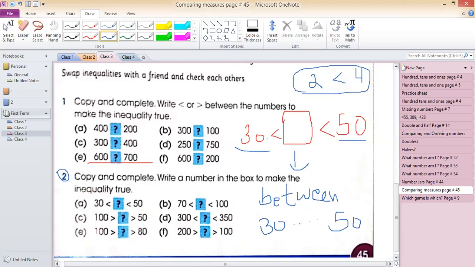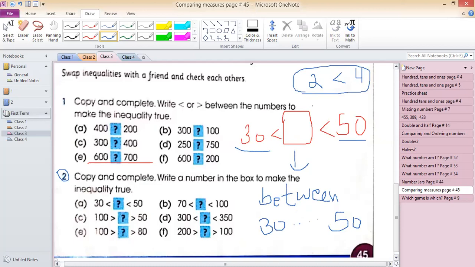Because the number should be greater than 30, that means the number should come after 30: 31, 32, 33, 34, 35, 36. But that number should be less than 50. That means that number should come before 50.